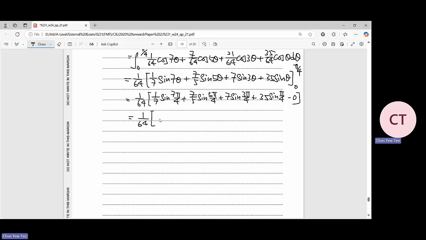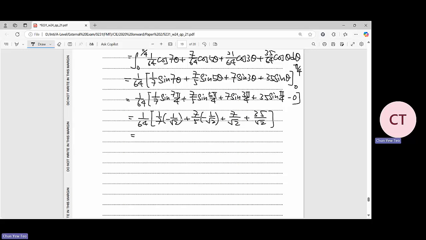Sin 7π over 4, that is 315 degrees, so it will be negative √2 over 2. Maybe I put it like this first: negative 1 over √2 first. This one is 7 over 5, this one is also negative 1 over √2, this one is 7 over √2, and this one is 35 over √2.